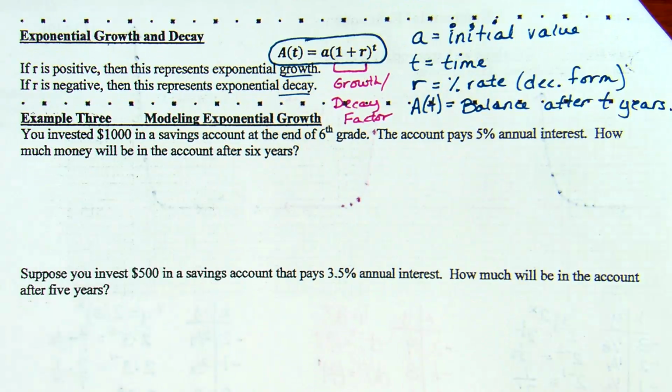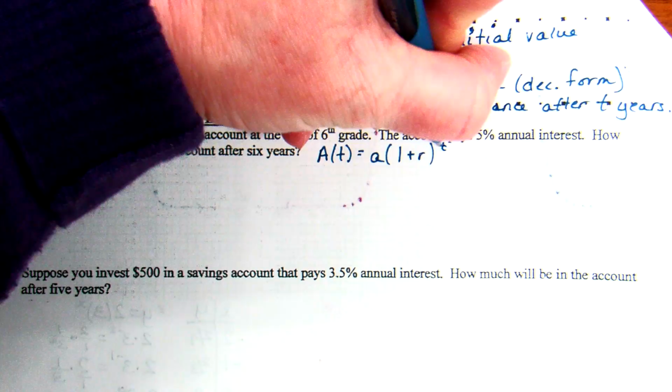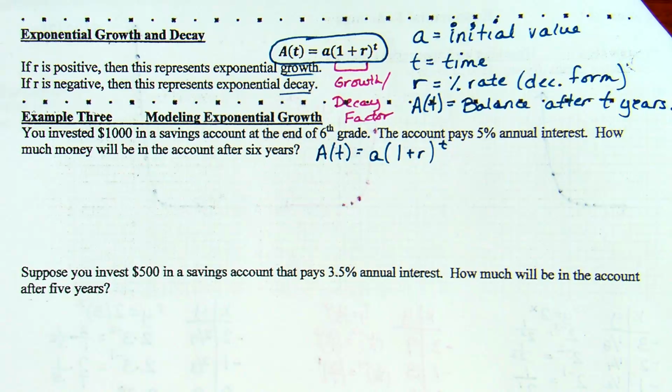Now, I'm going to suggest we write an equation for this. That's an important thing, that we can write an equation for this situation. What's our equation going to model? Well, we're going to use that A of t equals A times 1 plus R to the power of t.